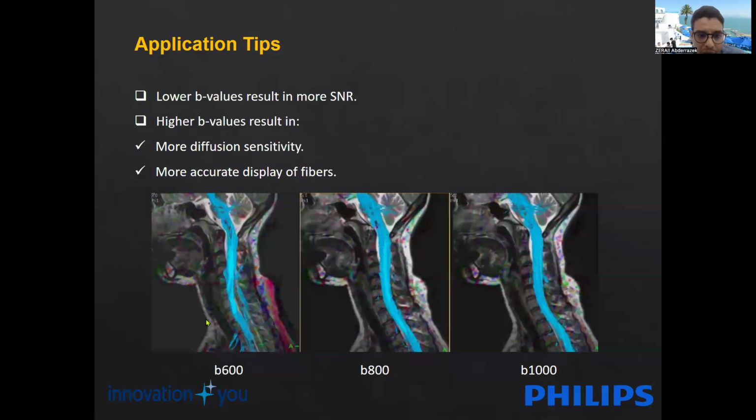For different b-values, a lower b-value results in more SNR. Also, a high b-value results first of all in more diffusion sensitivity, and also a more accurate display of fibers. So when we go to a b-value of 1000 or 800, we can see more fibers.